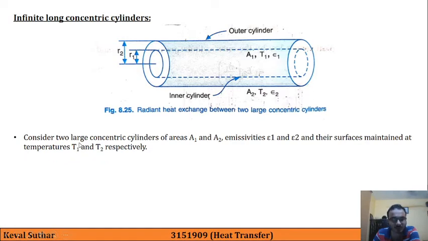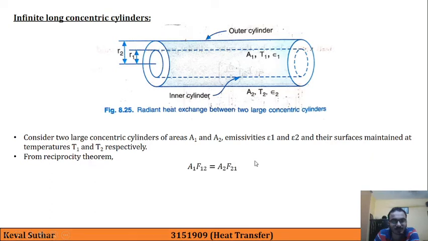Consider two large concentric cylinders of areas A1 and A2 respectively, having epsilon 1 and epsilon 2 emissivities, and their surface temperatures are maintained at T1 and T2 temperatures respectively.